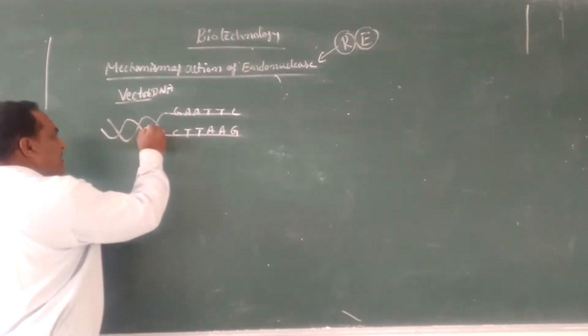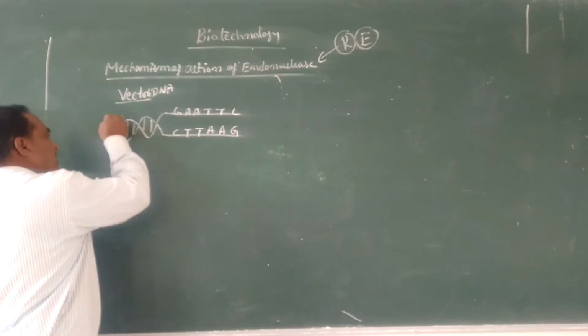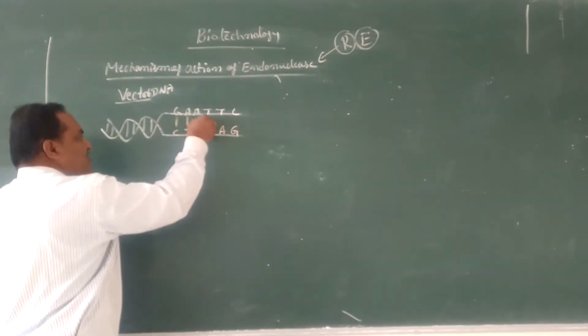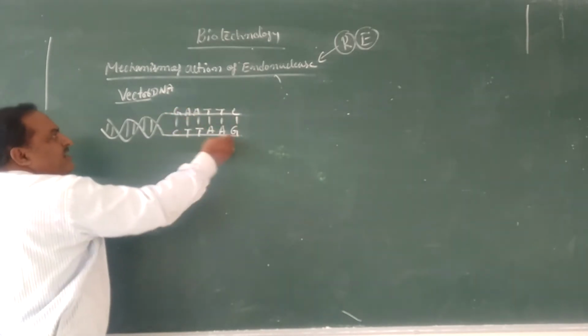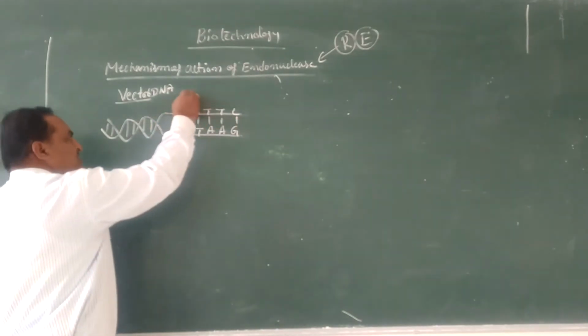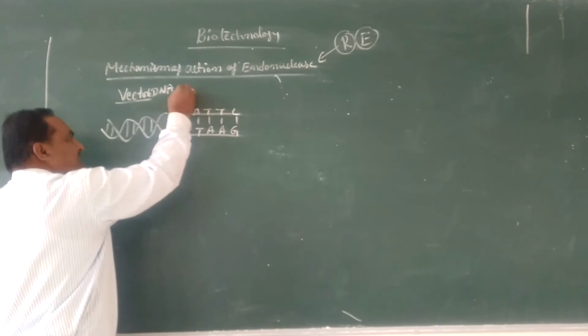Usually, the endonuclease identifies this kind of palindromic sequence and cuts the DNA.